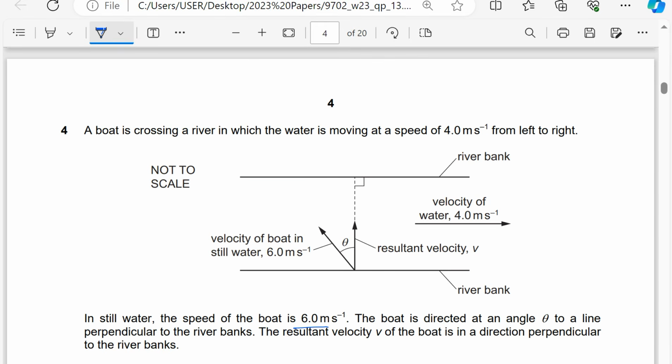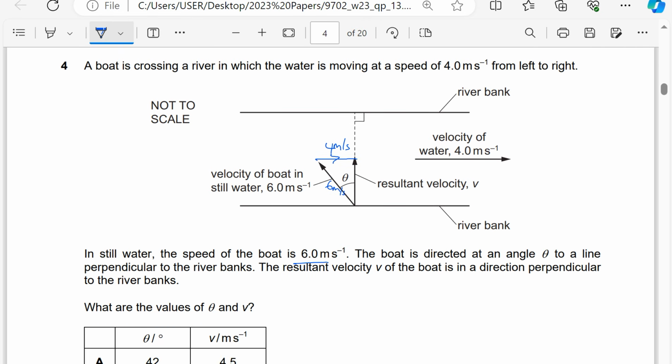Okay, so I'll just do a vector diagram here. The velocity of the water is in this direction, so I'll complete this like this. This is the velocity of the water, which is 4 meters per second. This is v, this is 6 meters per second. Since this is multiple choice, I can use the cosine rule.